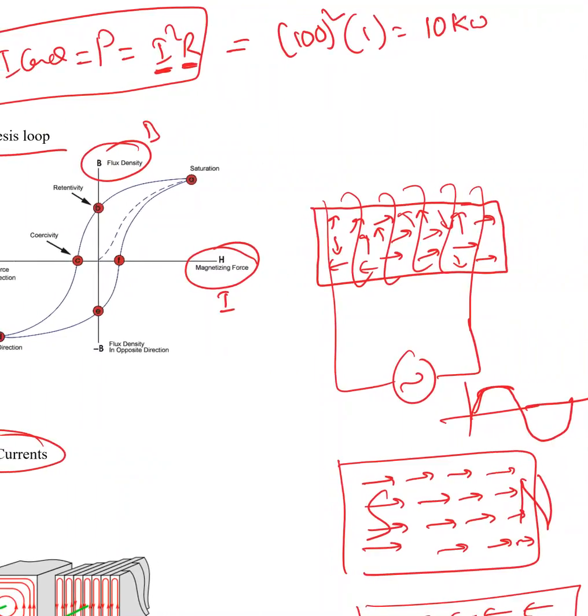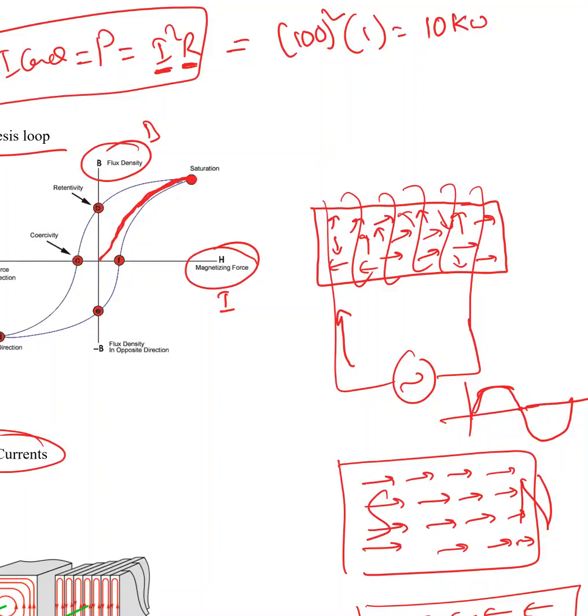Now I'm supplying a current going in this direction, so current is increasing. When the current is increasing, the magnetic field strength is also increasing, so all the magnets are turning in that direction. Once it reaches the maximum current, it will have maximum magnetic field.